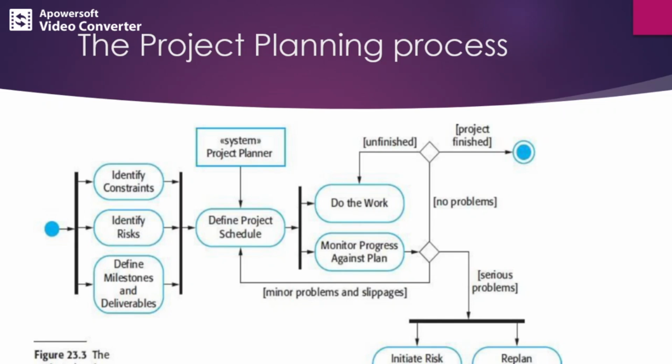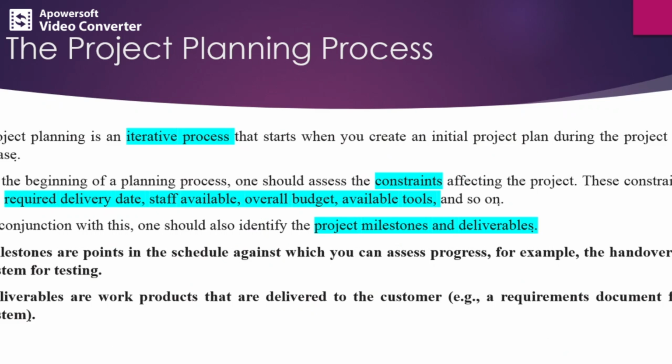Next we'll discuss the project planning process. This is very important. Project planning is an iterative process. Iterative means it doesn't stop, it continues. It starts when you create an initial project plan during the project startup phase. So where does project planning actually start?